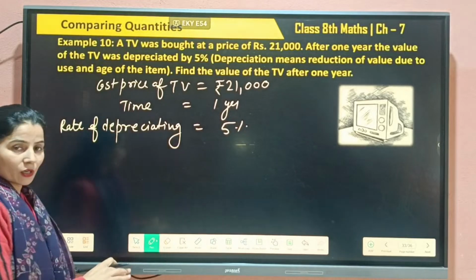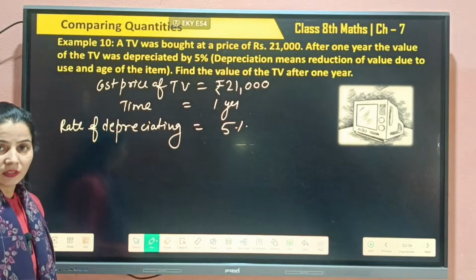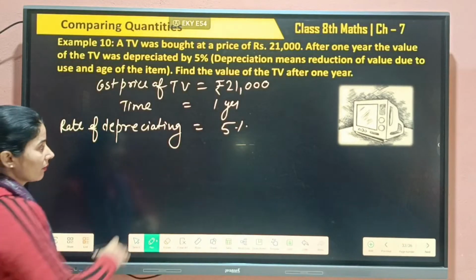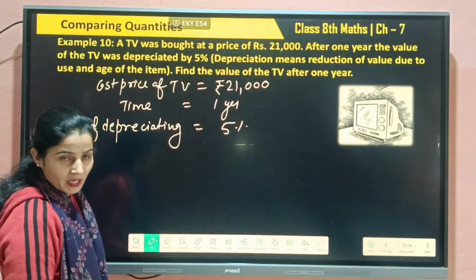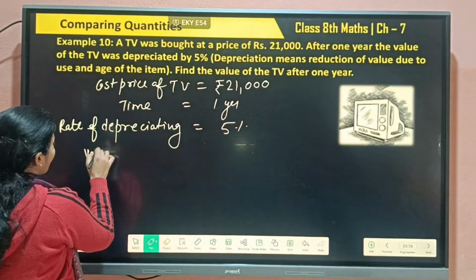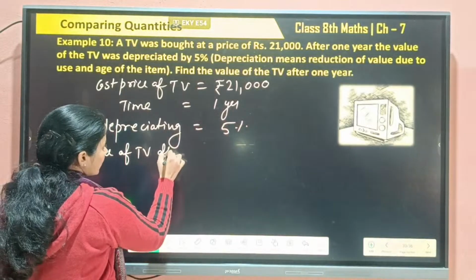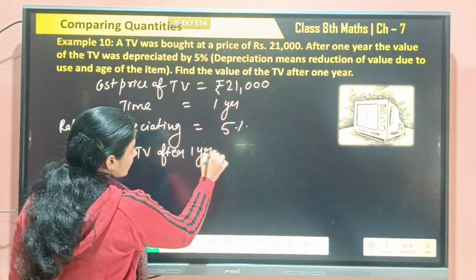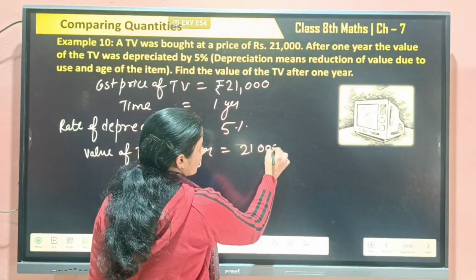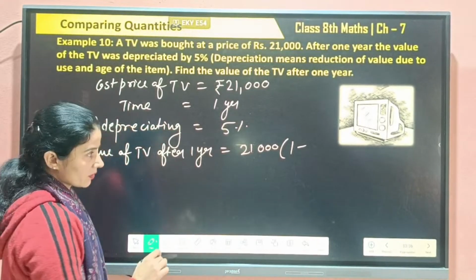So we need to find out, this is also an application of the formula which we use for finding the amount. After 1 year its value we have to find out. So the value of the TV after 1 year will be 21,000 into 1 minus, this time it is a reduction of price.